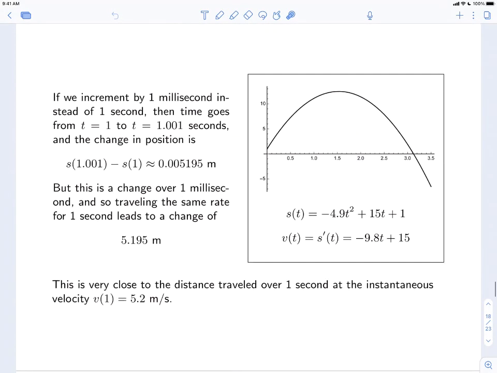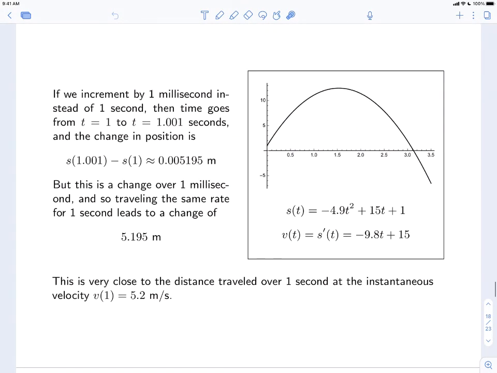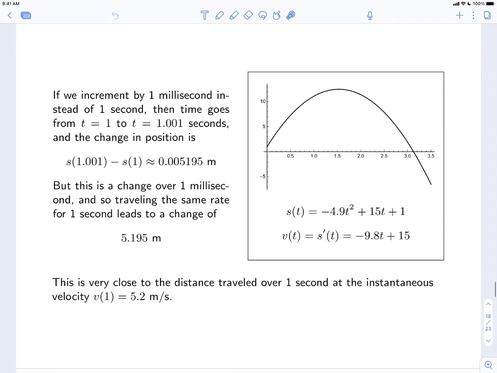If we increment by 1 millisecond instead of 1 second, then time goes from t equals 1 to t equals 1.001 seconds. And the change in position in this case is s(1.001) minus s(1), which is approximately 0.005195 meters.